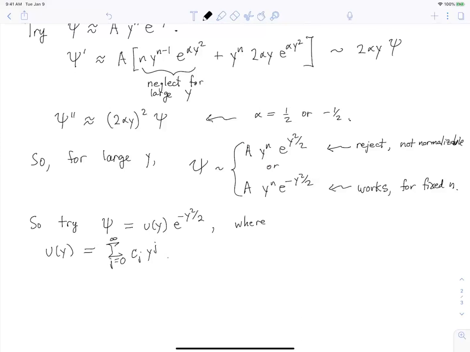Okay, but we also made an assumption here that there are no negative j's. And at least we can explain why we made that choice. That's so that the wave function doesn't blow up, or so that it's finite as y goes to 0, which is another extreme limit. So psi of y will be finite as y goes to 0.